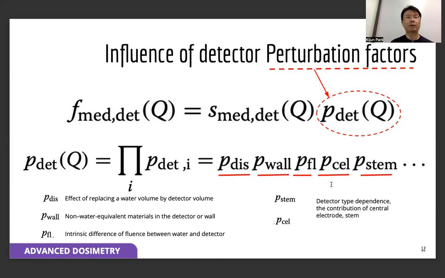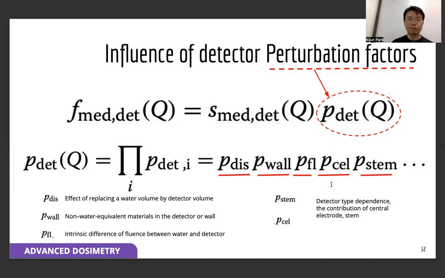These factors depend upon detector volume effect, material dependence, or intrinsic differences between the medium and detectors, or purely come from the detector type. So what kind of electrode is used, the stem structure, stem material, central rod location, central rod size, and so on.